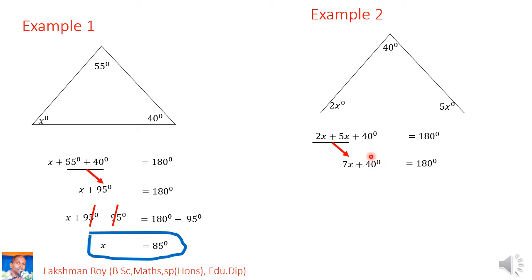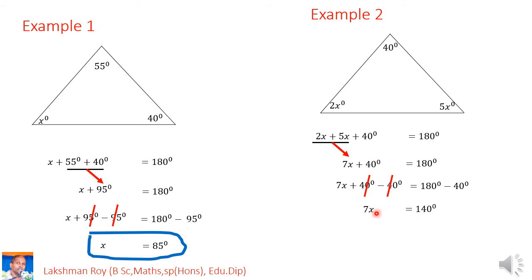So first you have to remove this 40. How to remove the added 40? You have to subtract 40 degree from left side and also from the right side. Then you can remove this positive 40 and negative 40, 0, right? Then here remain, students, not x, 7x remains, 7x. You can see 180 minus 40, you get right hand side 140 degree.